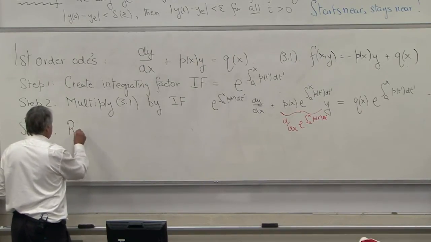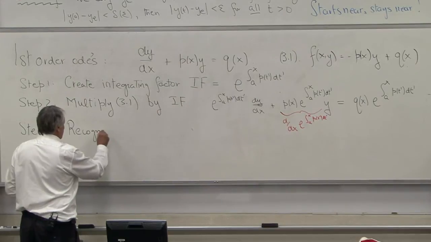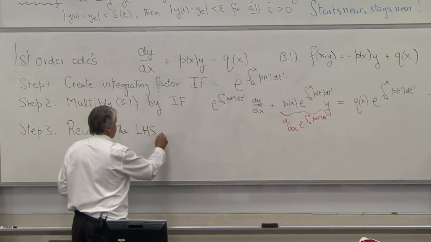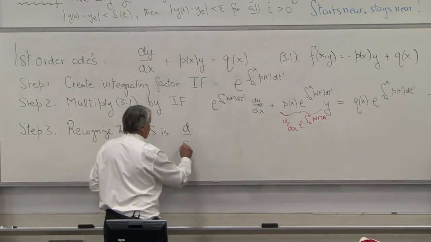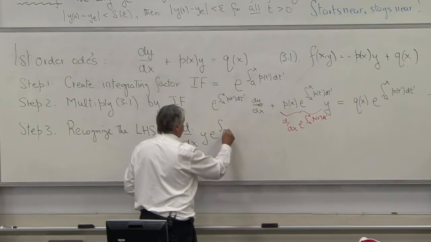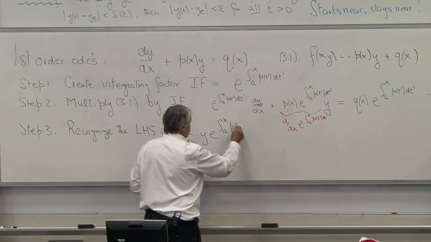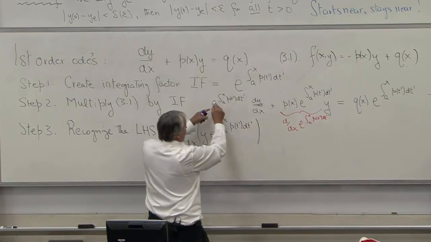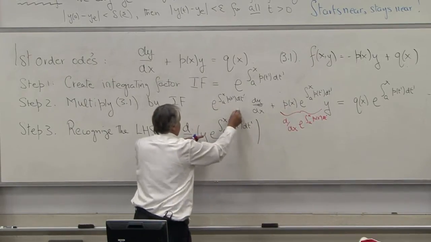So recognize the left-hand side is just the total d by dx of y times the integrating factor. So both of those terms are just this.